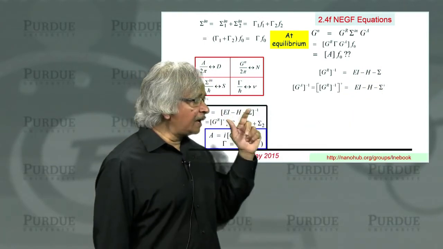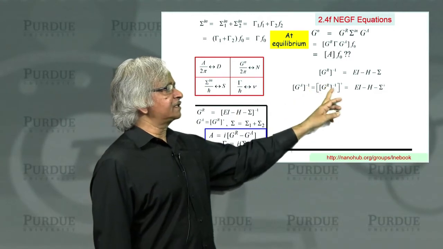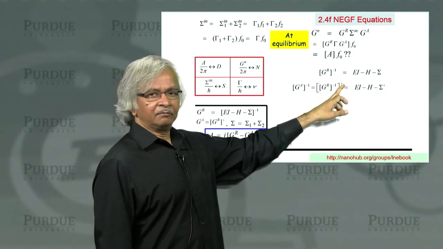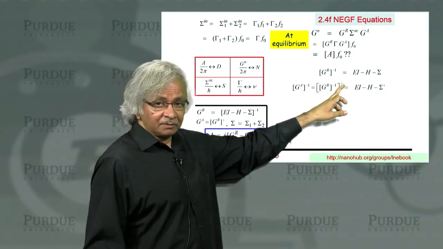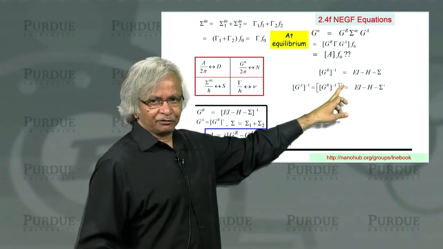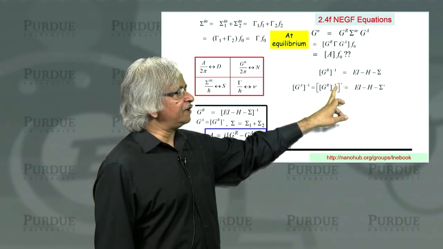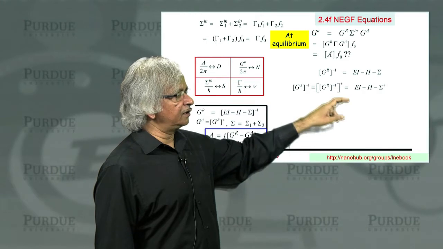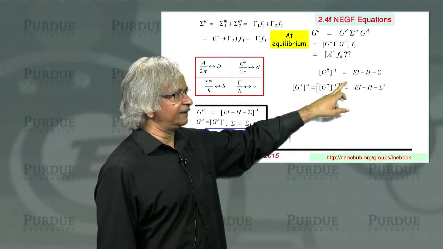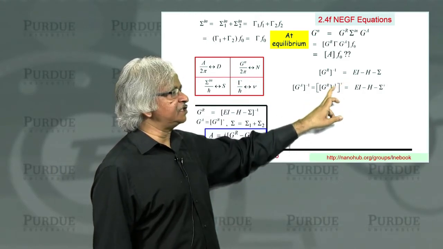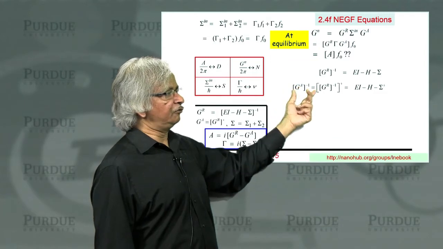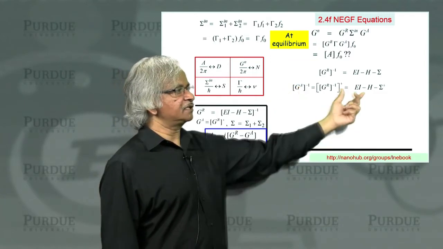The point to note is that here it's inverse and then dagger, but in matrix algebra, you could reverse the order: dagger and then the inverse. Then GR dagger would be GA inverse. So GA inverse is equal to that.